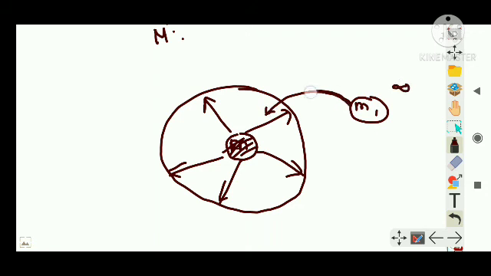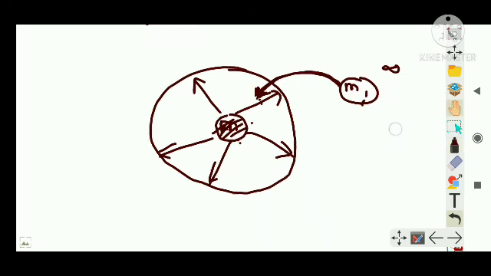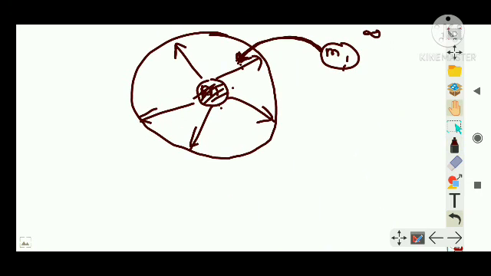From that very far point, I want to bring this m1 to a position near the gravitational field of this M. The work I do to bring this mass from infinity to the gravitational field of M is called gravitational potential energy. That is the easiest definition. Again, I am repeating: the work done to bring a mass from infinity to the gravitational field of another mass is known as gravitational potential energy.